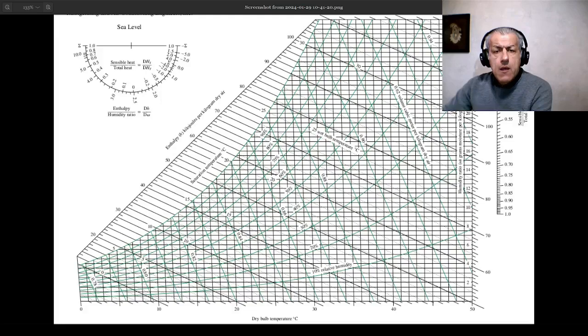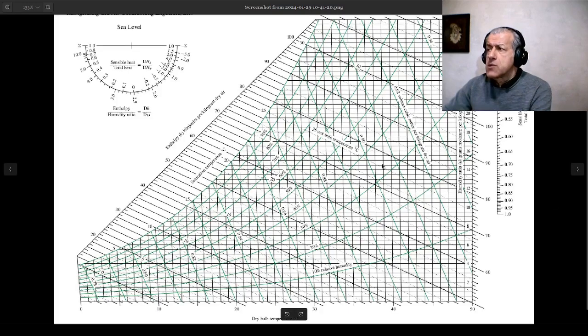Since these calculations are pretty standard and simple to calculate, they are usually done and expressed on a psychrometric chart.